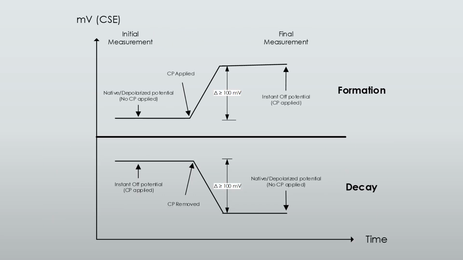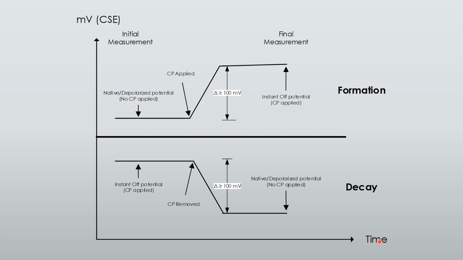So here we have a diagram showing just visually what we're talking about with formation and decay polarization of the shift. So looking at formation, say we arrive, the system has been off for a while. So we have our native values depolarized without CP applied. We make our adjustments, we troubleshoot, turn the system on.